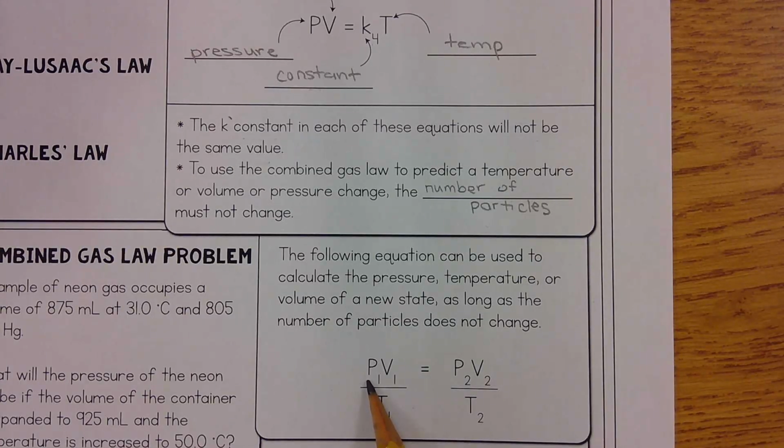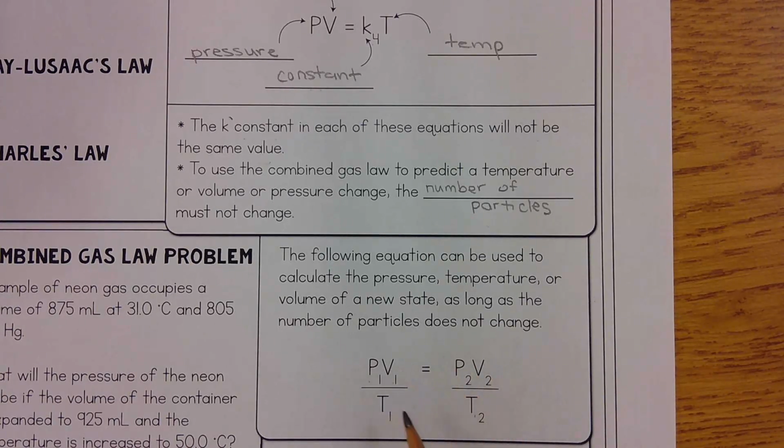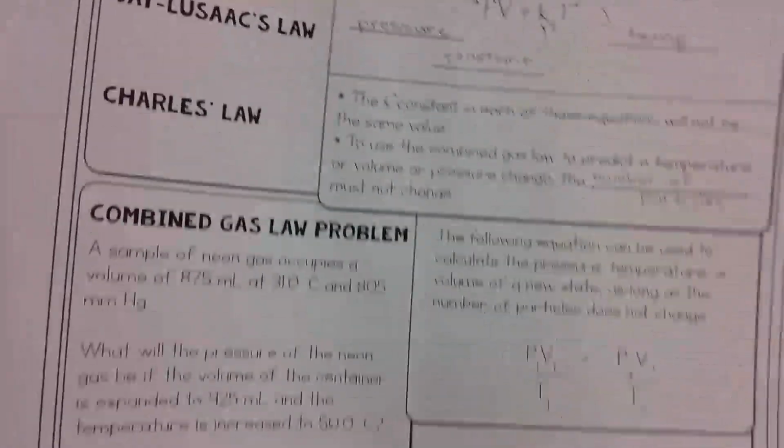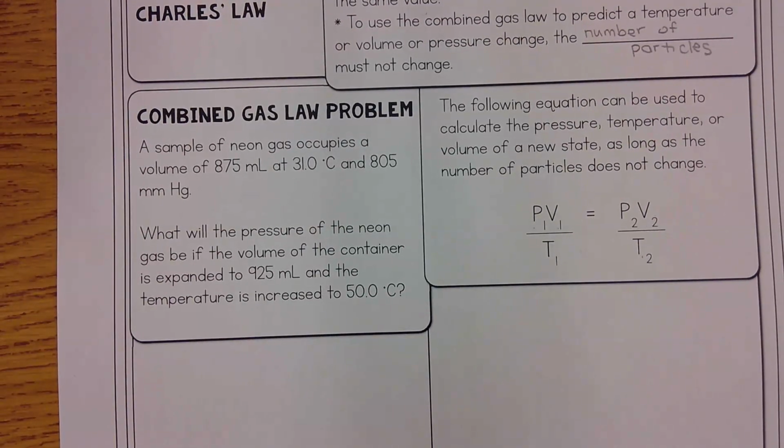Basically, it says pressure 1 times volume 1 divided by temperature 1. Those probably look somewhat familiar based on last unit, right? Is equal to pressure 2 times volume 2 divided by temperature 2. So we can make this comparison. It's just a combining of those three laws you learned in the last lesson. Anyway, so let's do a problem.